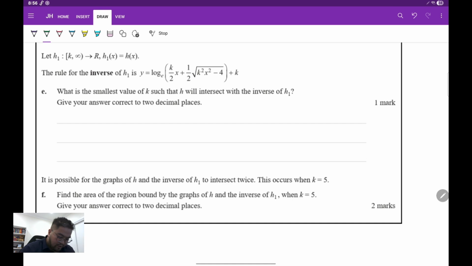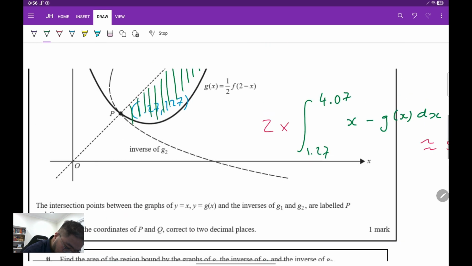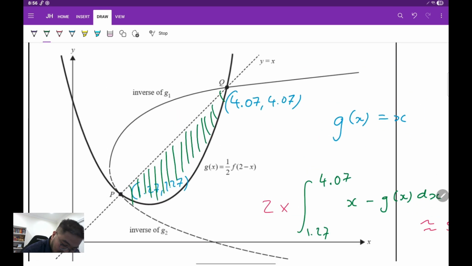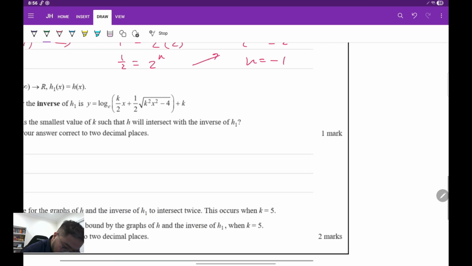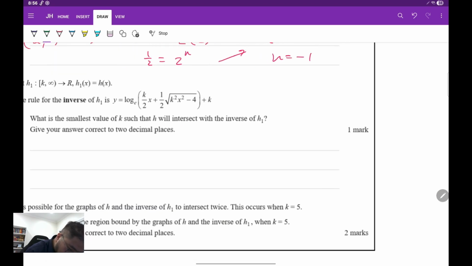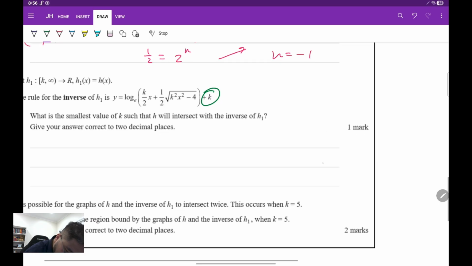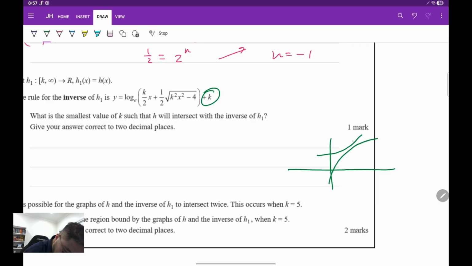So what we should do here is understand what the question's asking. We've got two graphs which intersect like that, and we want to be able to adjust these k values so that when we transform the graph just enough, they intersect like that, when originally they were looking like this.